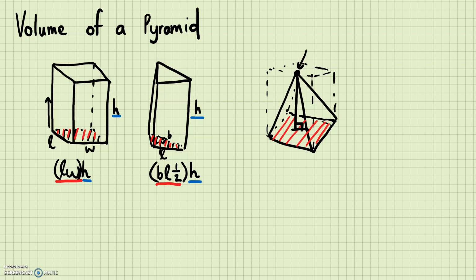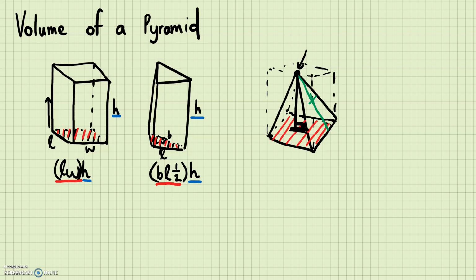Remember we did slant height for surface area? Slant height goes along the side here. It's not this. We're not using this for the volume. Instead, we're using this height here that goes down perpendicular to the base. Okay, so it goes from this end vertex down to the base.